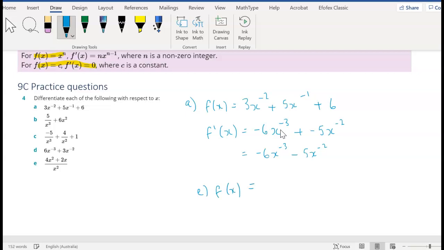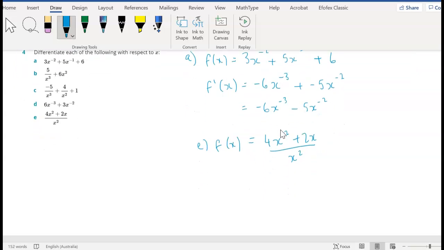Now for part E, we did one very similar in the previous video. So just looking at making it a bit simpler, there's our function, our equation. I'll just take out x as a common factor.